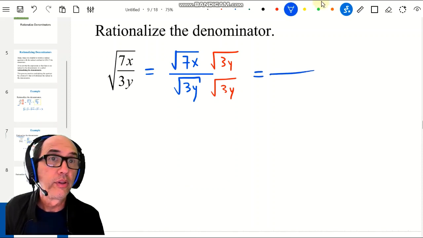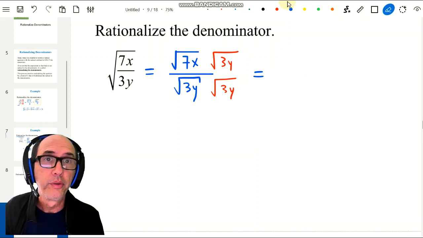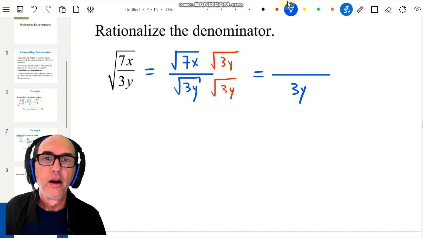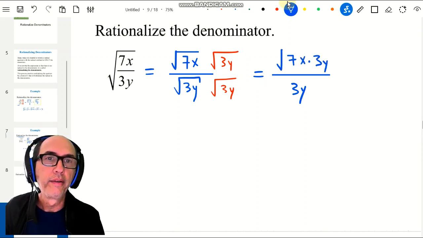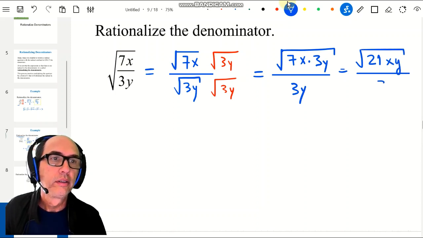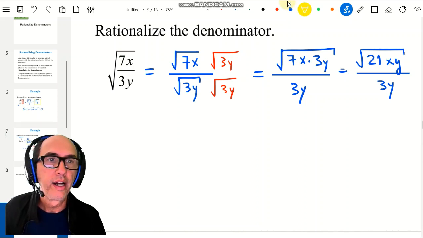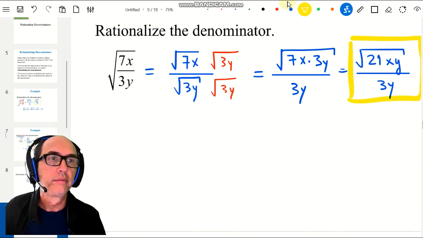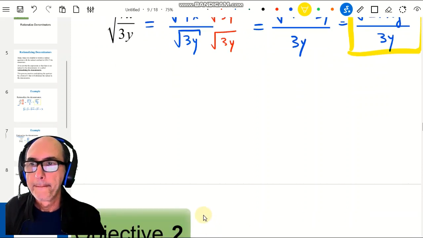On the bottom, we will remove the square roots. On the top, we have the square root of 7x times 3y, and this equals the square root of 21xy over 3y. That is going to be the final answer.